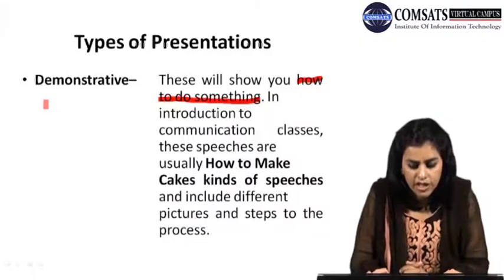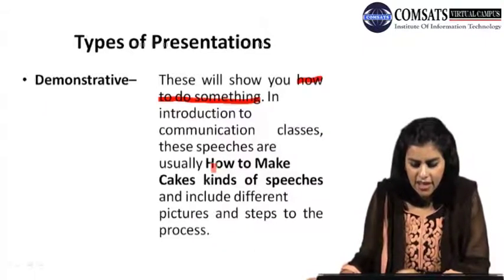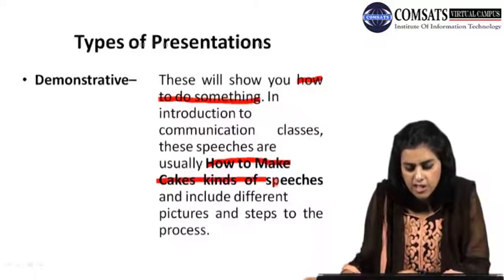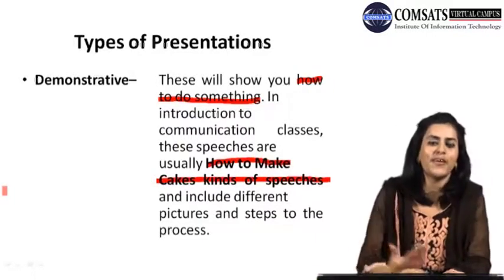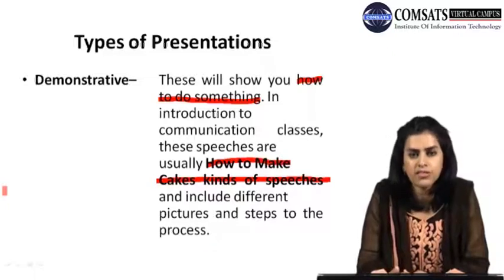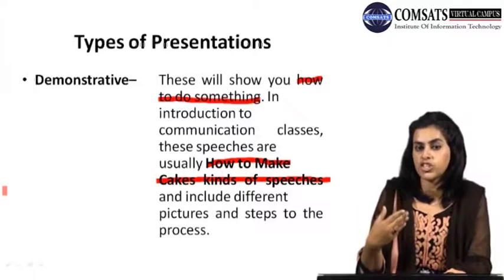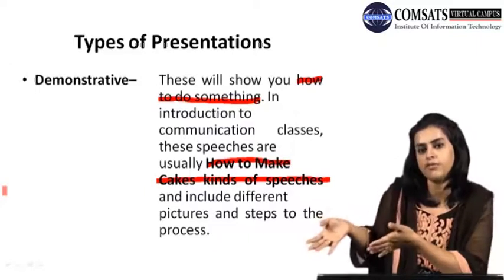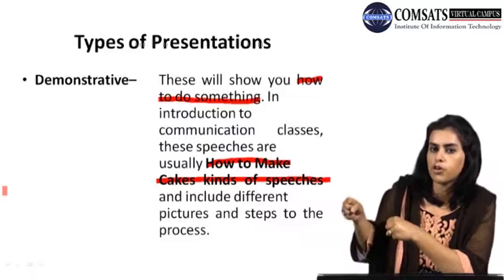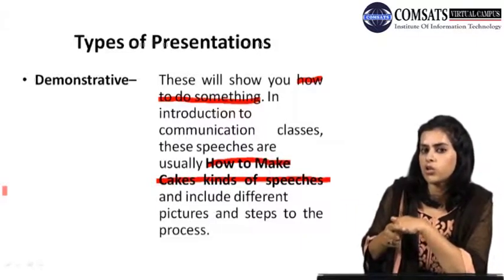In introduction to communication classes, these speeches are usually how-to-make-cakes kind of speeches. So the process is explained in the whole presentation, and includes different pictures and steps of the process. For example, with the machinery, if the machine is available in front of you, you can use it to make your audience understand what exactly you are talking about.